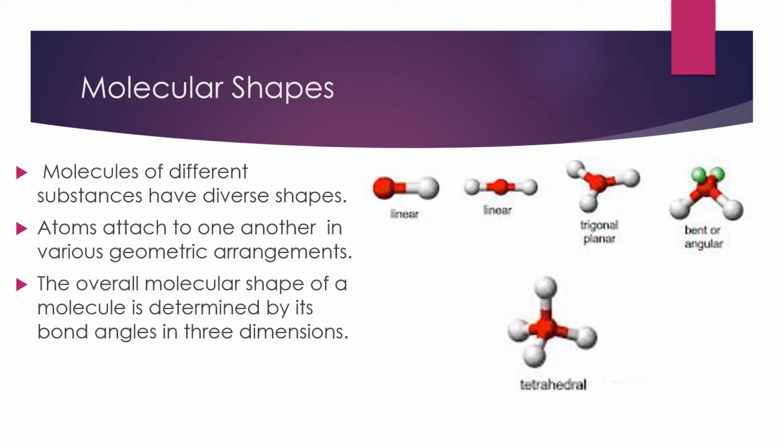I want you guys to note that the overall molecular shape is determined by its bond angles in 3 dimensions. Just like our intro game that we played, we have to think in 3D if it calls for a 3D shape.